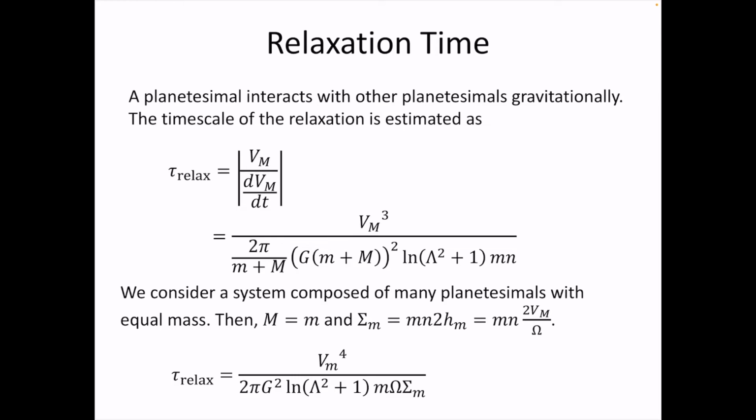Then using this expression, the relaxation time tau sub relax equals v sub m to the fourth over 2 pi G squared (log lambda squared plus 1) times m omega sigma sub m. So this is the relaxation time.